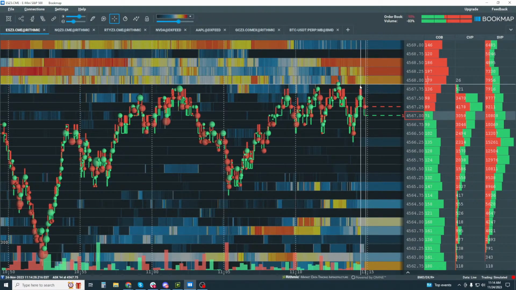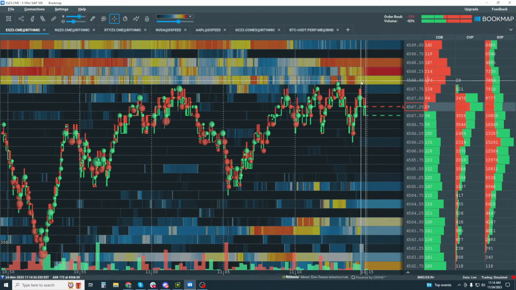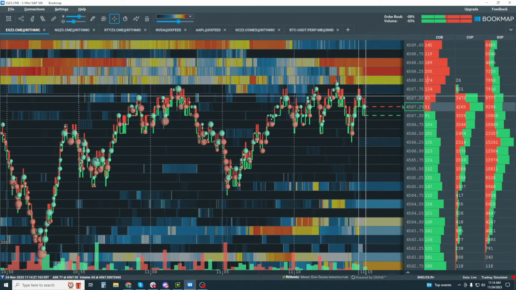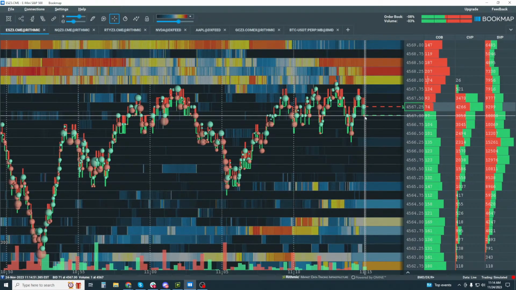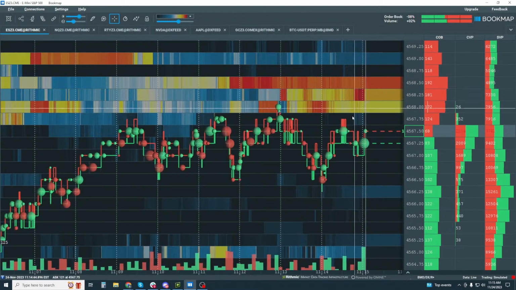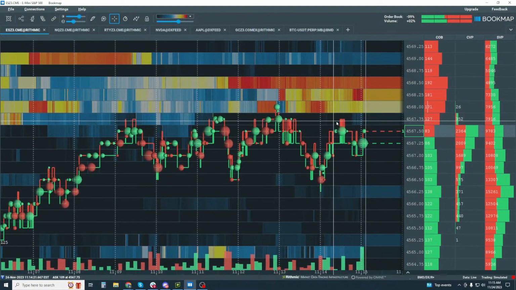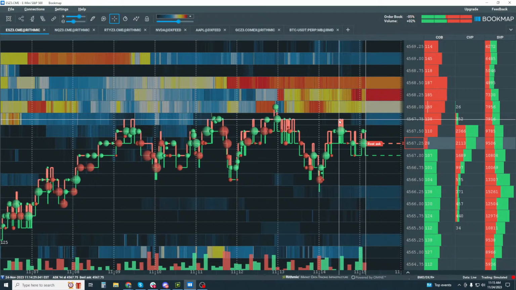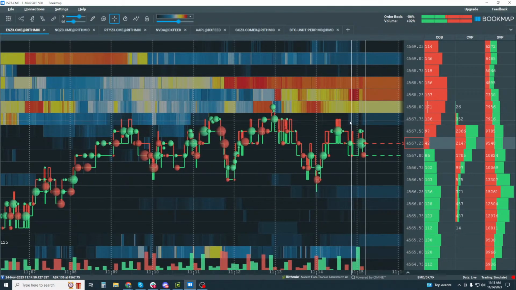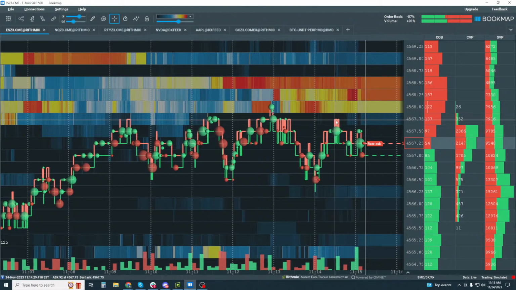Okay, now look at this one up here. We did find some buying interest. We're back up here again. And we just see it retest back up here, and we don't find any buyers. So now it exhausted here.